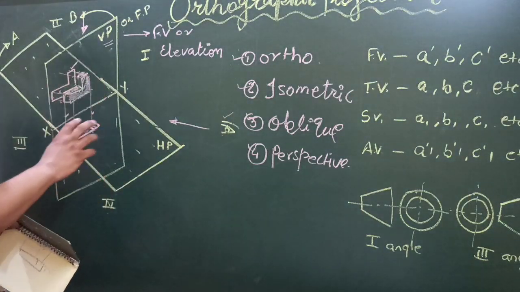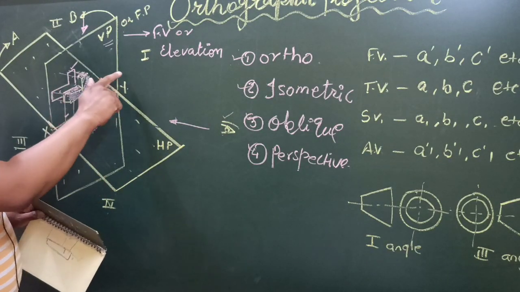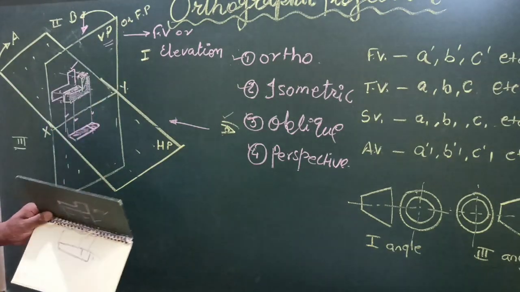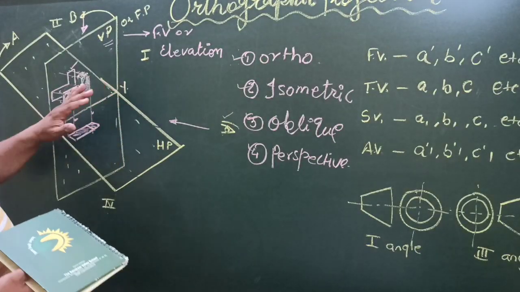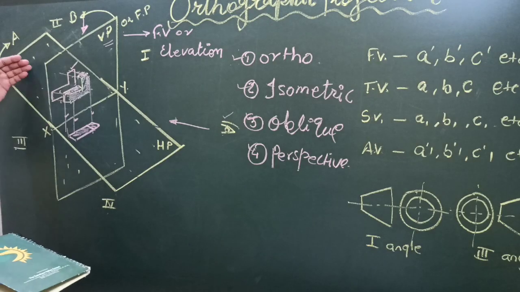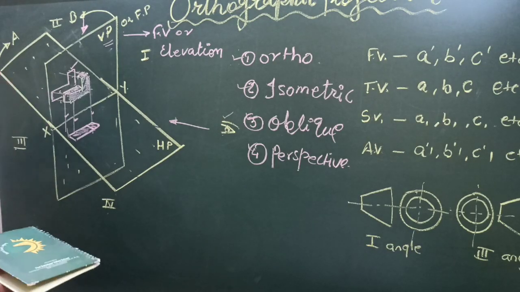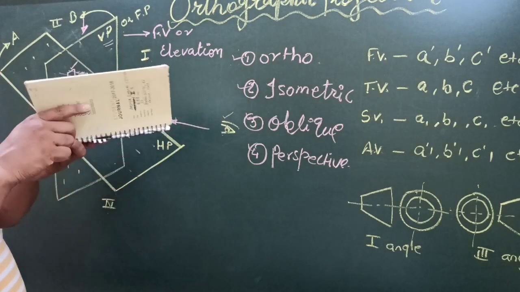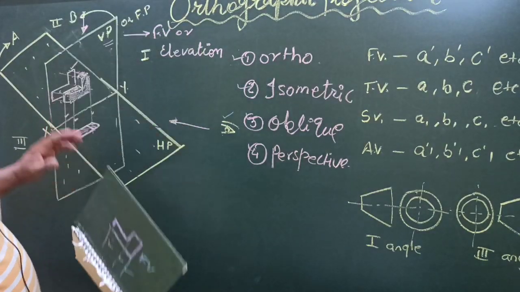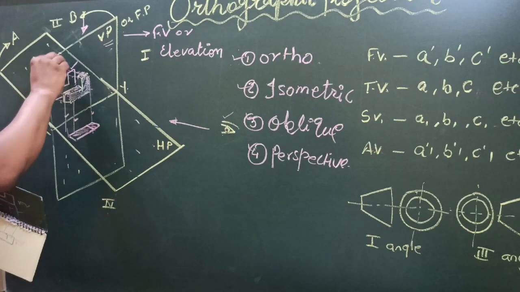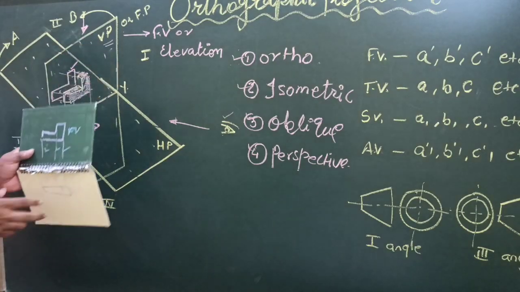So whatever we have discussed here is for the first angle projection, or the first quadrant, when the object is in the first quadrant. Now what happens in the second quadrant? When we talk about the second quadrant, the situation is like this. That time we have to consider these planes as transparent ones.